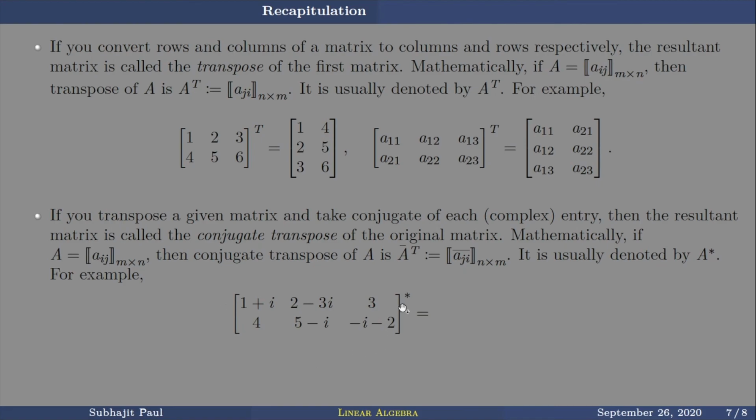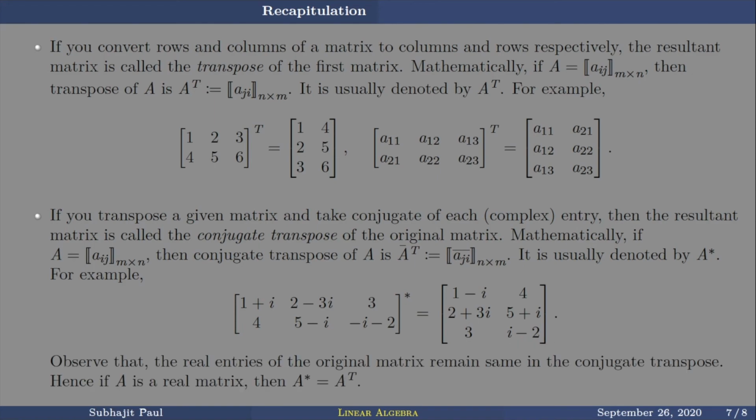So this matrix star will be, the first row will become the first column. 1 plus I will be 1 minus I. 2 minus 3i will be 2 plus 3i. 3, then 4, then 5 minus I will become 5 plus I. Minus I minus 2: the conjugate is obtained by changing the sign of the complex part, so that is plus I minus 2.